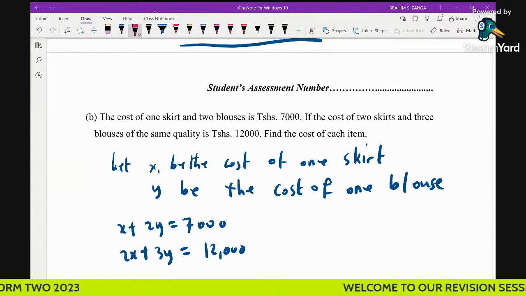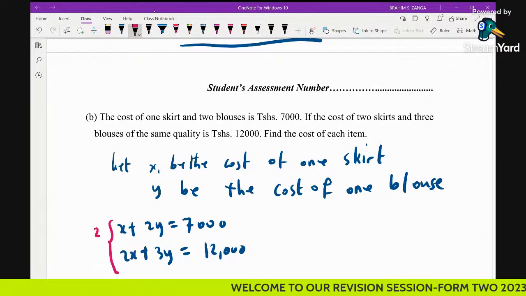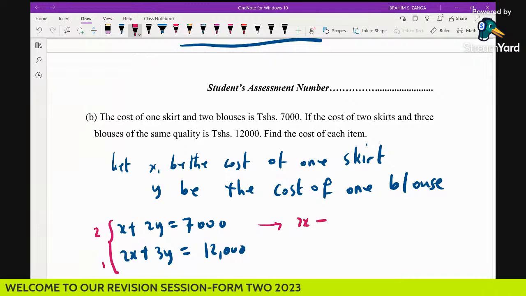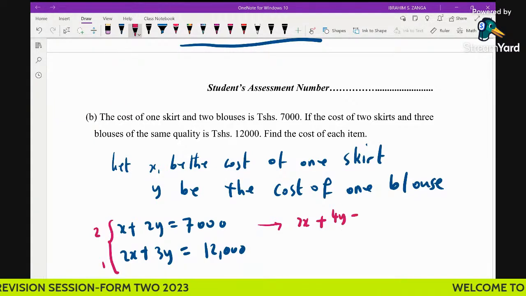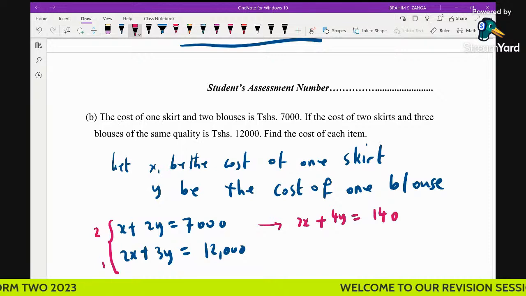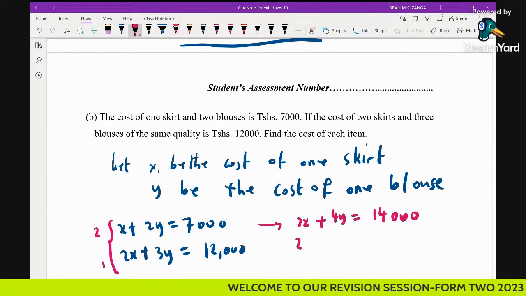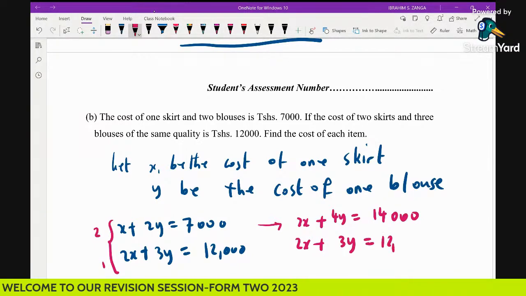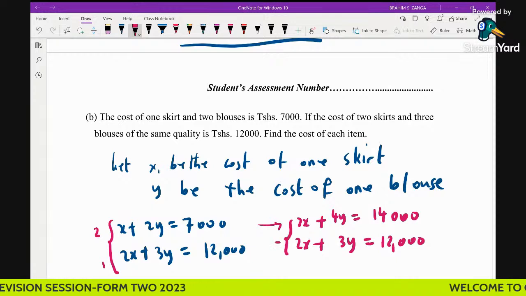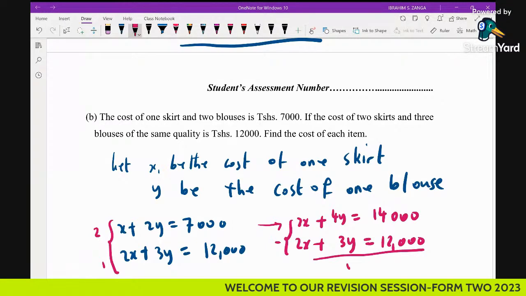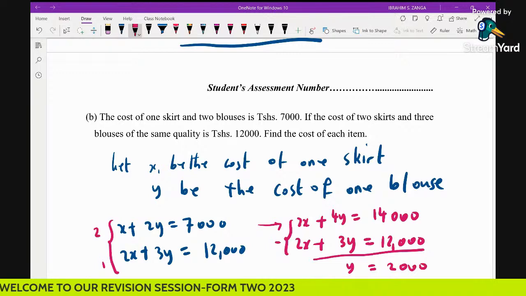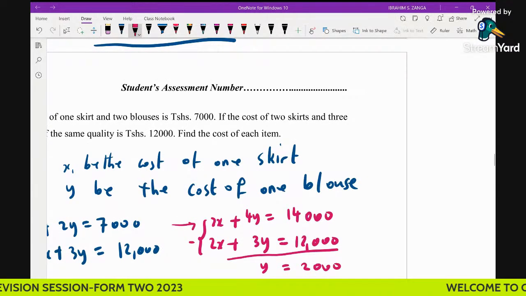So we'll be solving these simultaneous equations, and I'll be multiplying the first by 2 so that I can do elimination: 2x plus 4y equals 14,000, while 2x plus 3y equals 12,000. When you eliminate x, you get y equals 2,000.